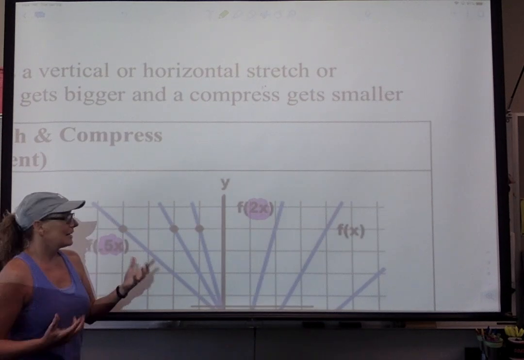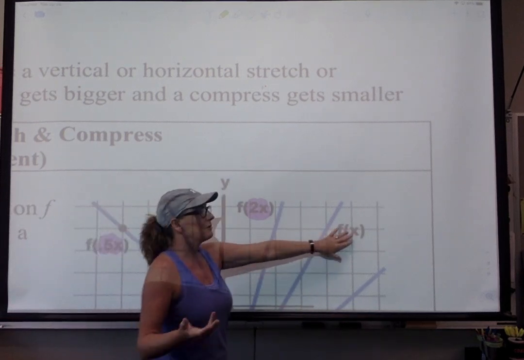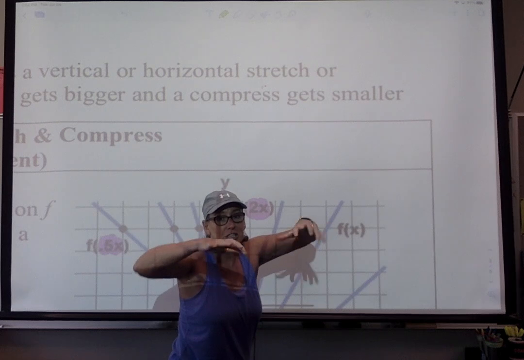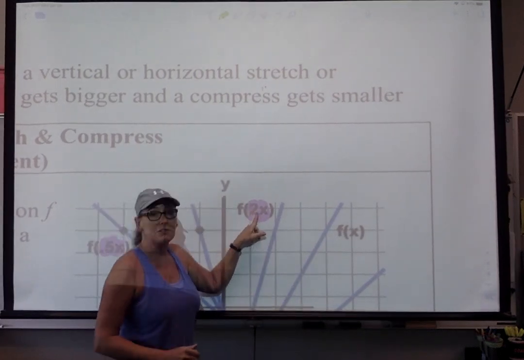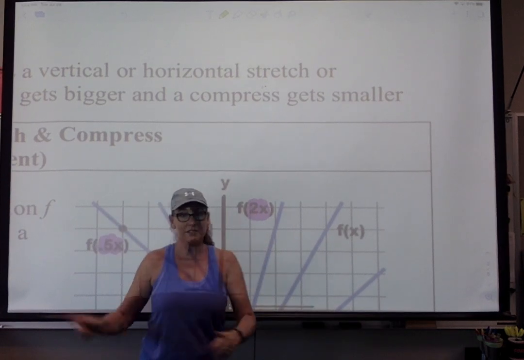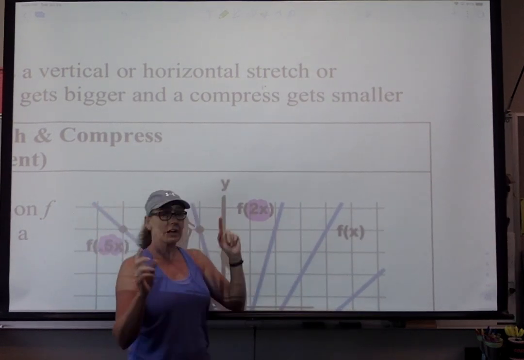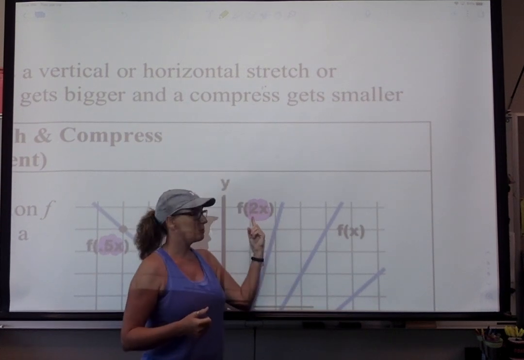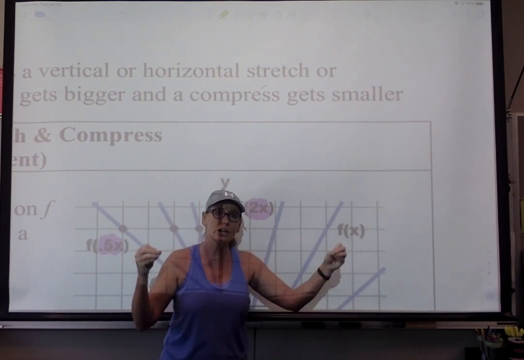So, I know this is written weird, but what if your function is x squared, and inside the parentheses there's a 2 as a coefficient? If you think about it the same way we just did, now I've color-coded it pink. It's horizontal. The number is 2. You're like, oh, it's a horizontal stretch.